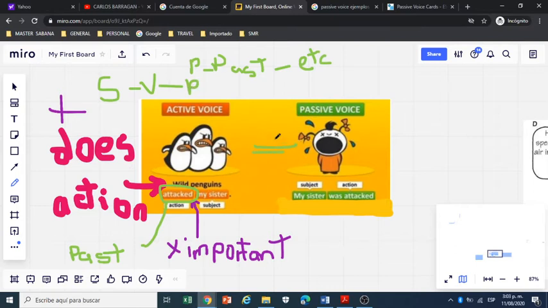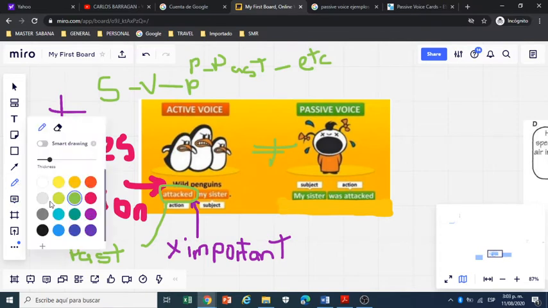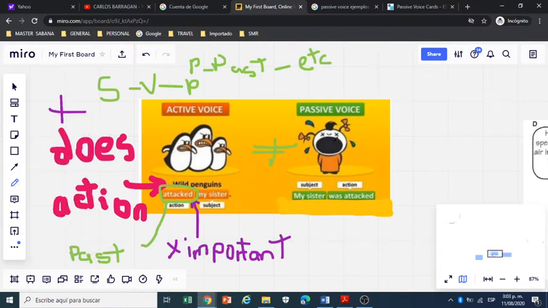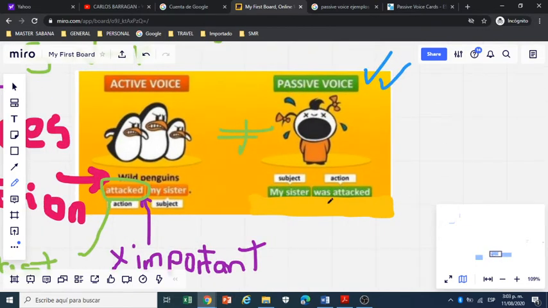different from passive voice. What happens in passive voice? In passive voice, the most important part in the sentence is not the subject, but the action. The action is more important. Okay, more important. This is the opposite from active voice. Okay, more important. The action. Okay, and the subject is not important.